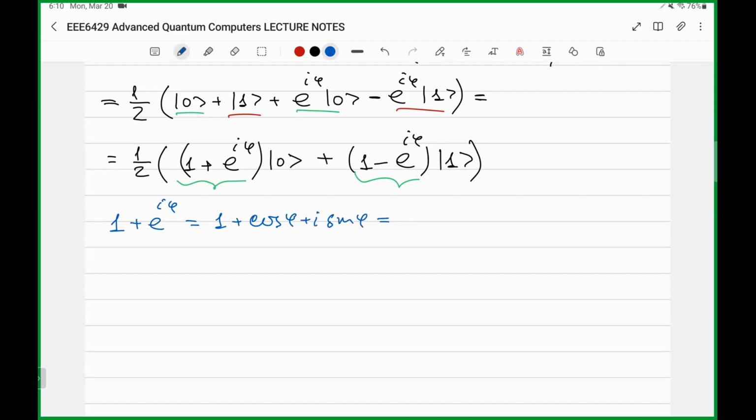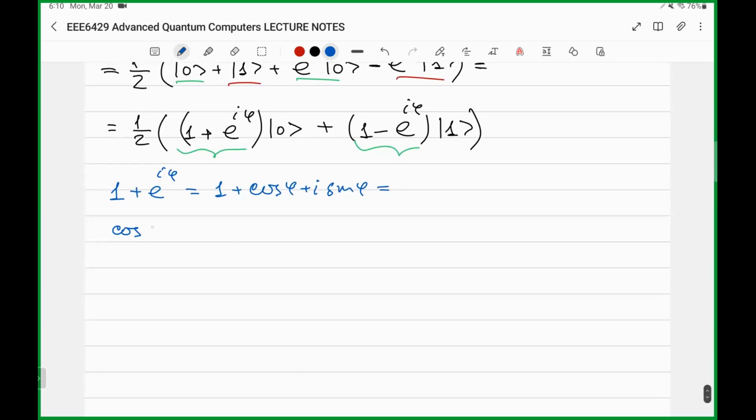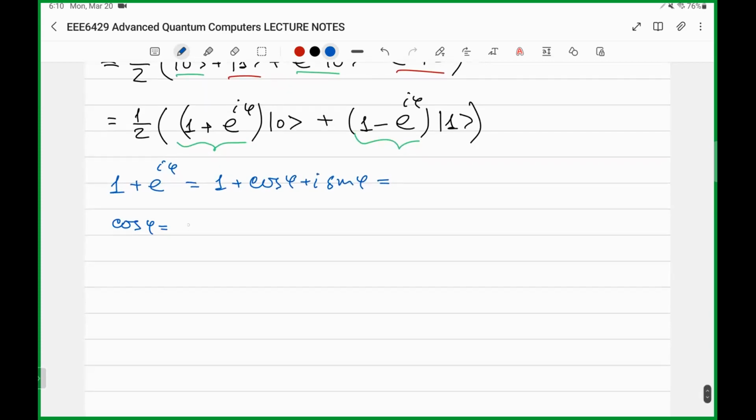So now what I want to do, I want to use the formulas for the cosine of double angle, right? So for the cosine phi, I can rewrite this as cosine square phi over 2 minus sine square phi over 2.